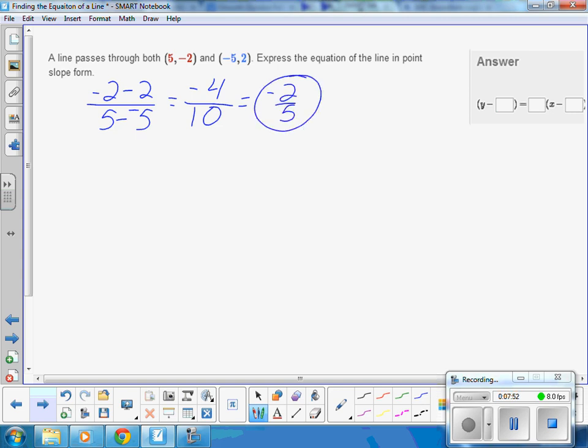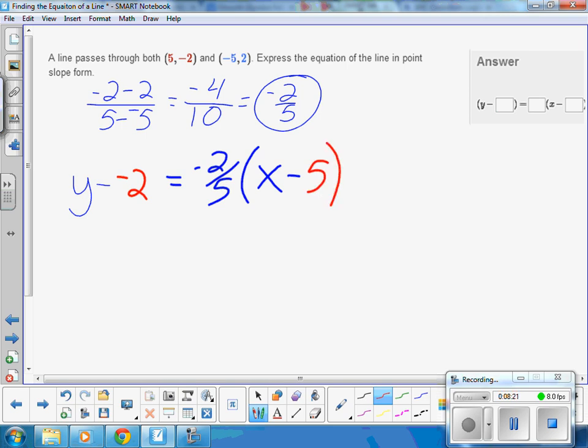That's my slope. So again, remember, I'm going to go y minus, using my red point, negative 2, equals my slope, negative 2/5, times x minus my x value, 5.